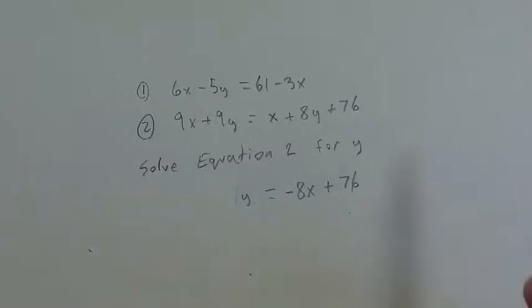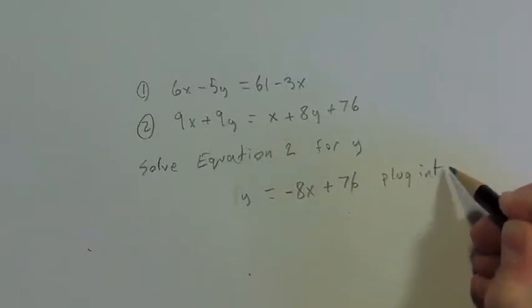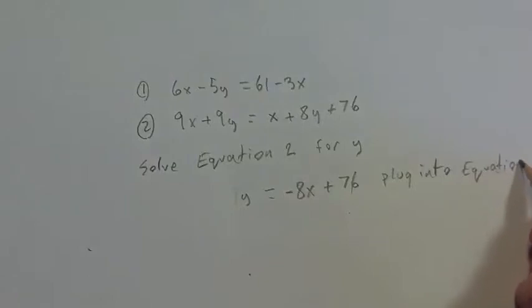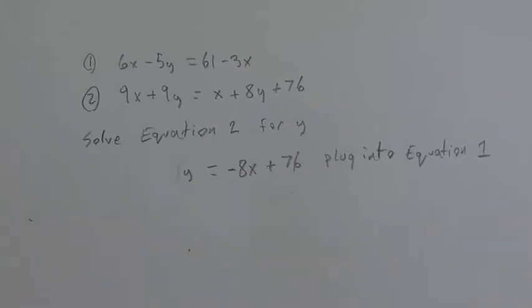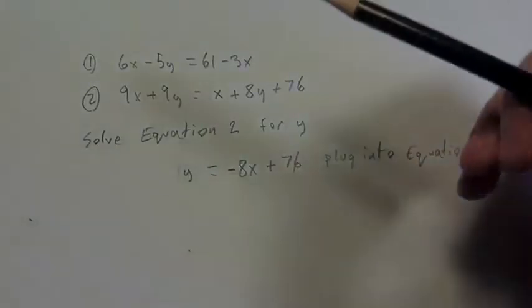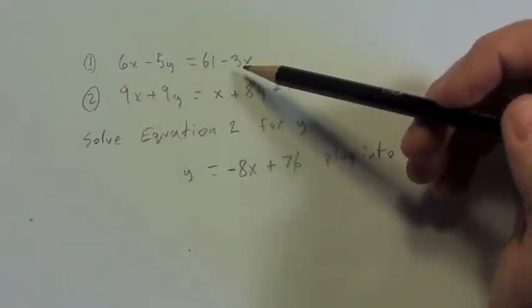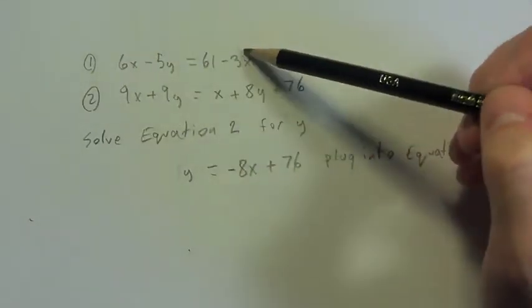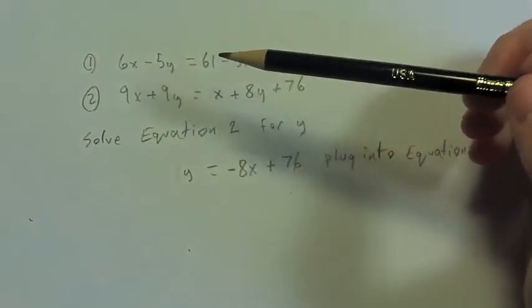Alright, so now we're going to plug this into equation 1, if you can read that. And actually, equation 1, I'm going to simplify a little bit. I'm going to move that negative 3x over so that I have 9x here.